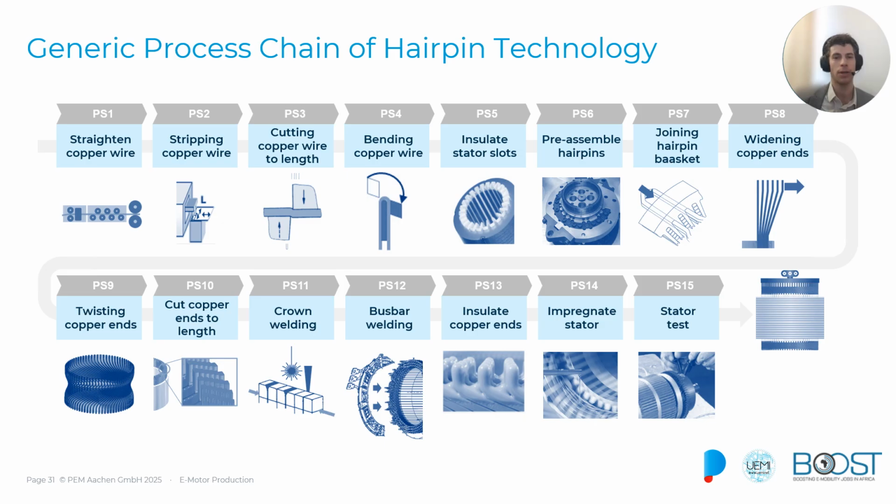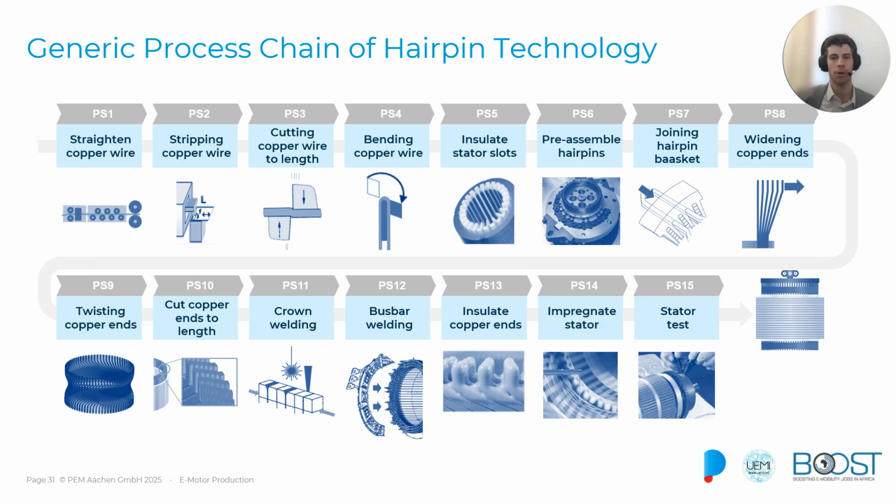After rewinding the copper ends in step 8, step number 9 is called twisting to align the pins for the welding process. In step 10, we cut the pin ends to an equal length. And finally, in step 11, we weld the ends to a continuous electrical circuit.